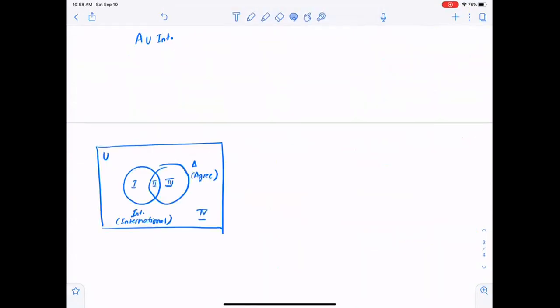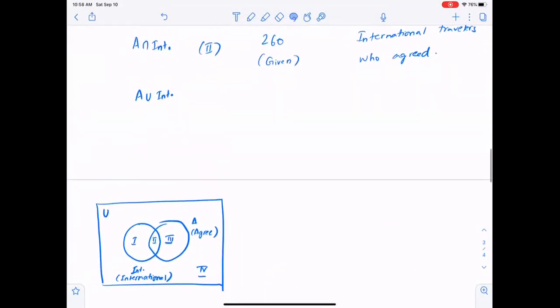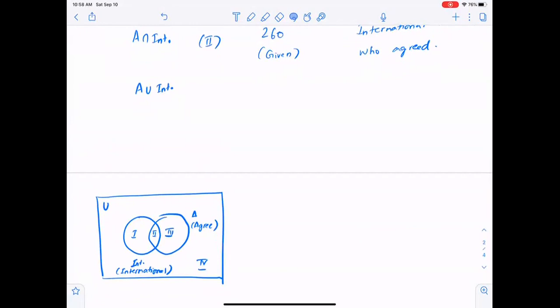So we are going to go with the picture here. Now we have regions 1 and 2 that would correspond to international travelers.